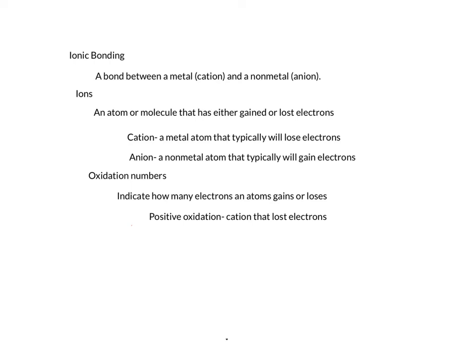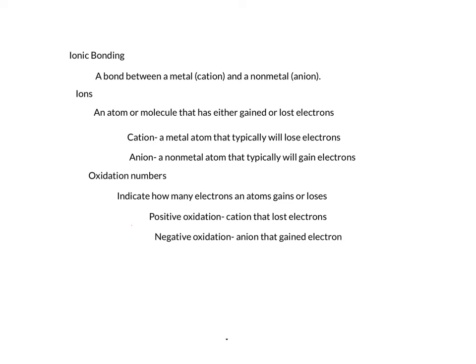When we have a negative oxidation number, it indicates to us, typically, that we have an anion that has gained electrons.